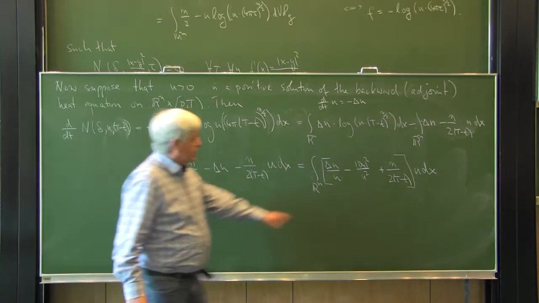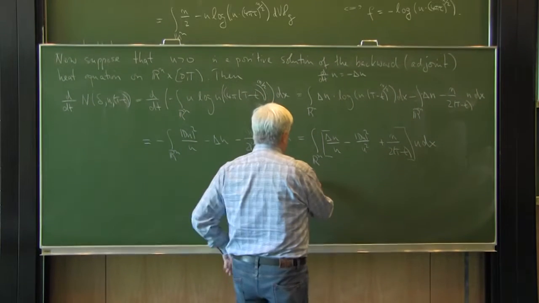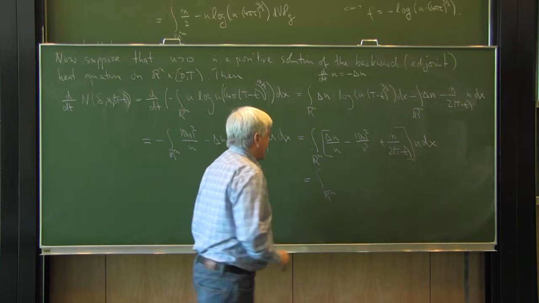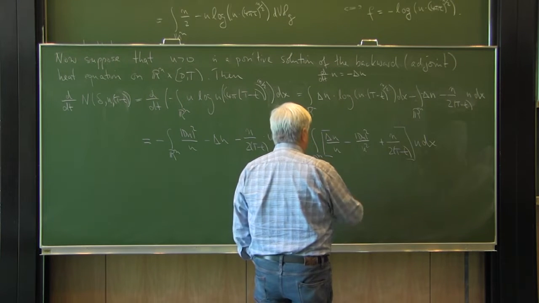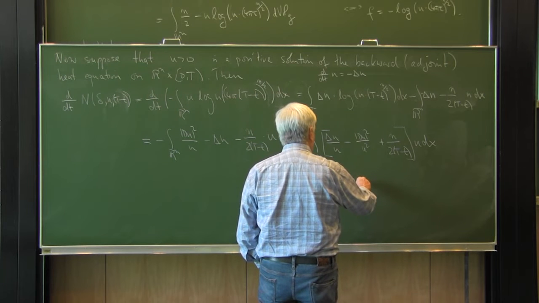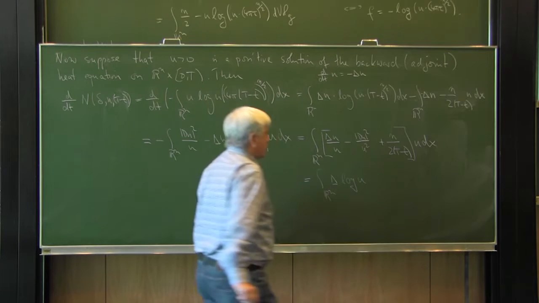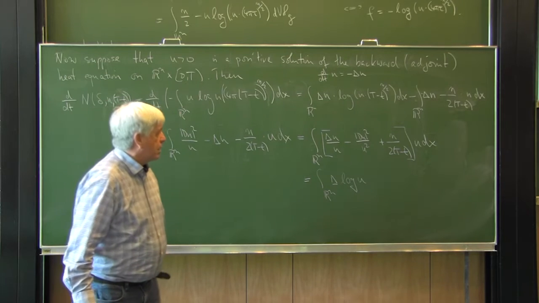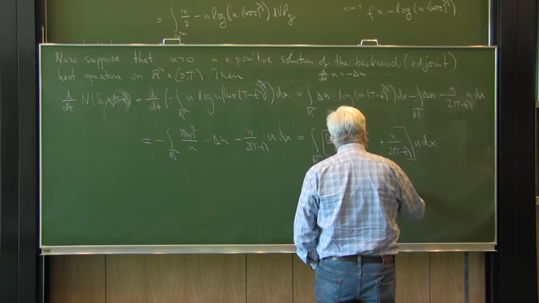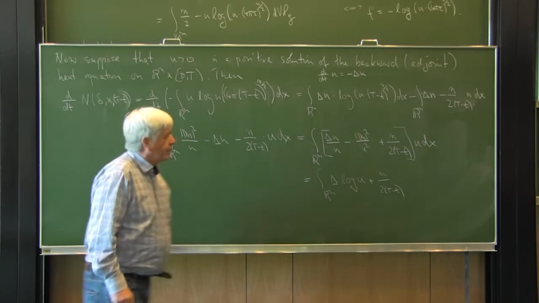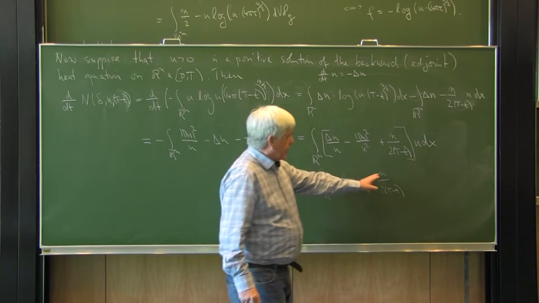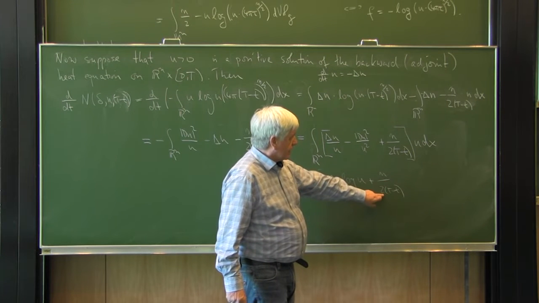Then you notice that this can be written as the integral over Rn of the Laplacian of log u, plus n over 2(T minus t), and this is of course the Laplacian of the log of the heat kernel.